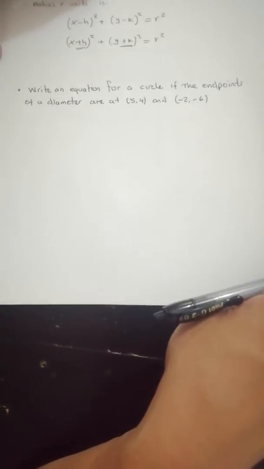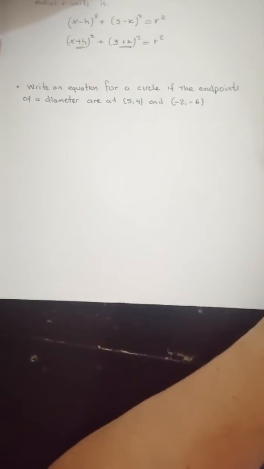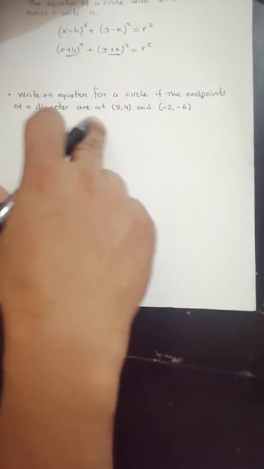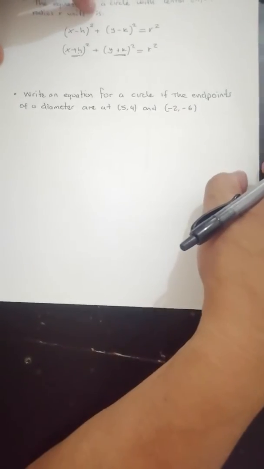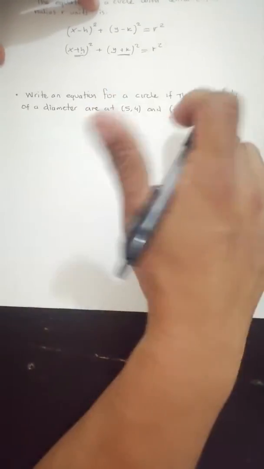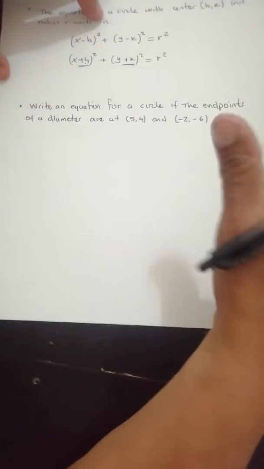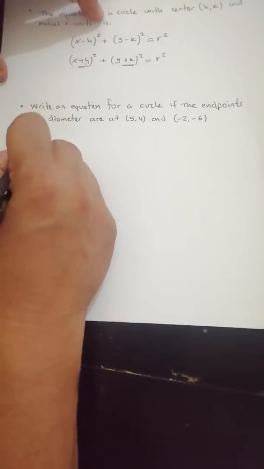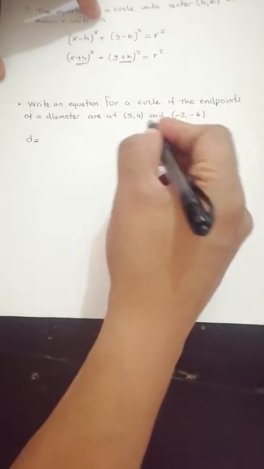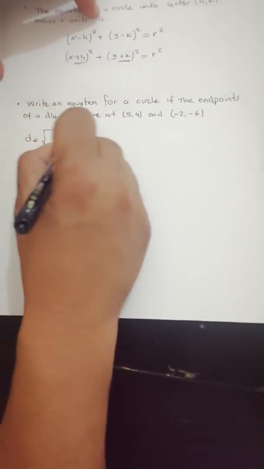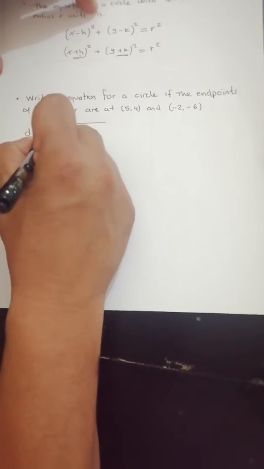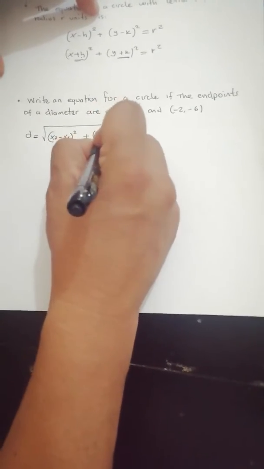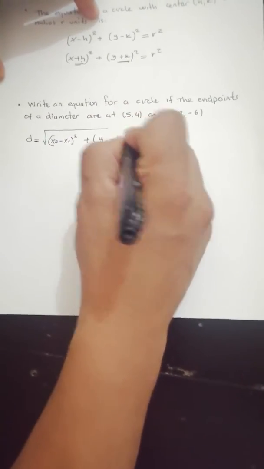Finally, we have this problem where they asked me to write the equation for a circle with the endpoints of the diameter 5, 4 and -2, 6. If these are the endpoints of the diameter, I know the relationship between the diameter and the radius. So the first thing I have to do is find the distance between these 2 points. The distance is given by the formula square root of x sub 2 minus x sub 1 squared plus y sub 2 minus y sub 1 squared.